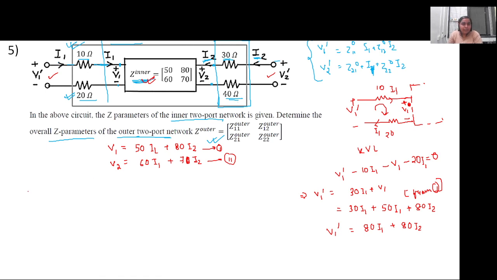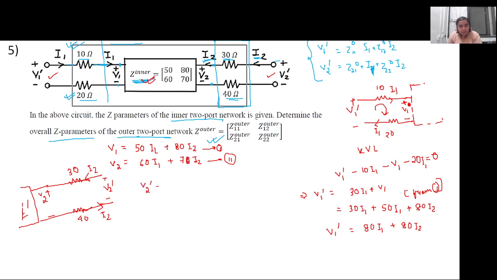Similarly, we will apply KVL at the output of the port where this voltage is V2. We don't care what's inside it. In the output also there is a 30 ohm resistance connected where I2 current is flowing in this direction, and there is another resistance of 40 ohm connected. I2 will flow in this way, and this is V2 dash.